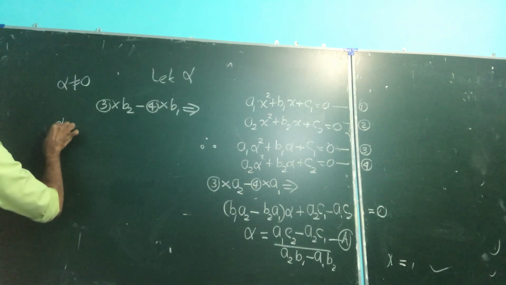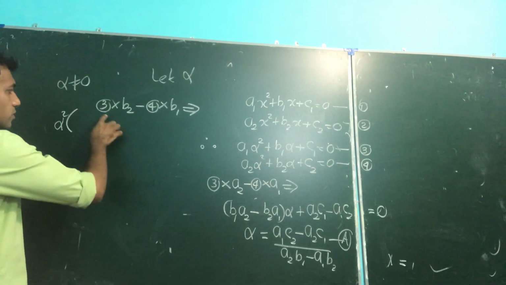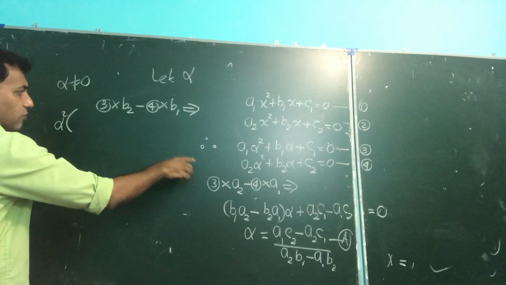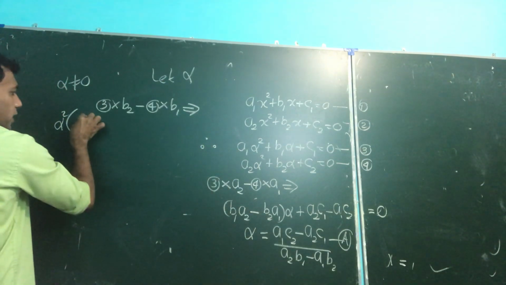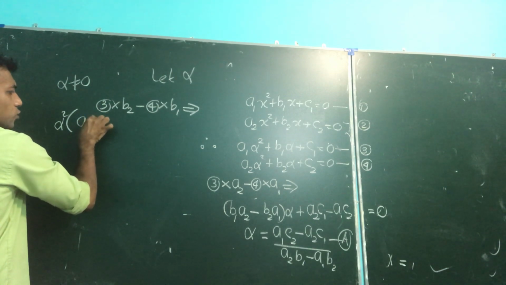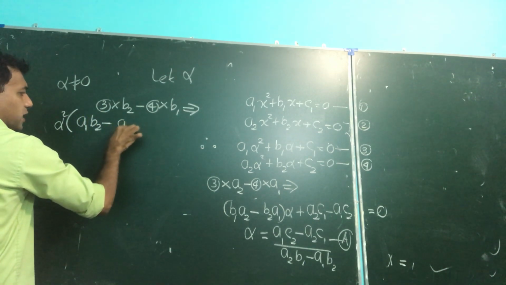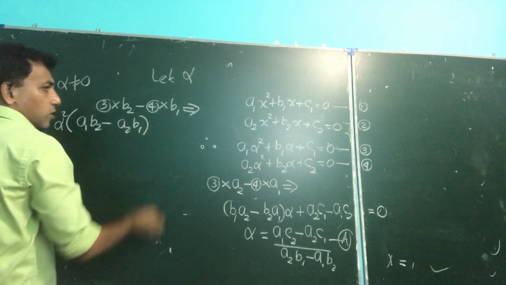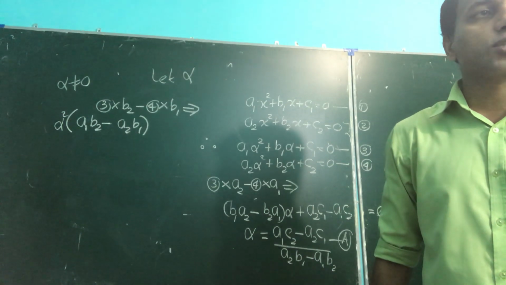So take the alpha square out. This is A1 B2 minus A2 B1. Okay, if you take the alpha square out, that's the expression.